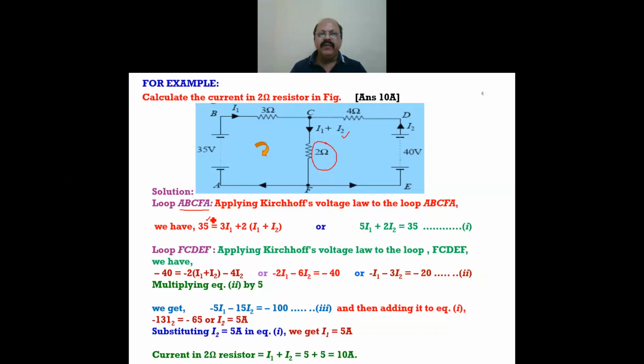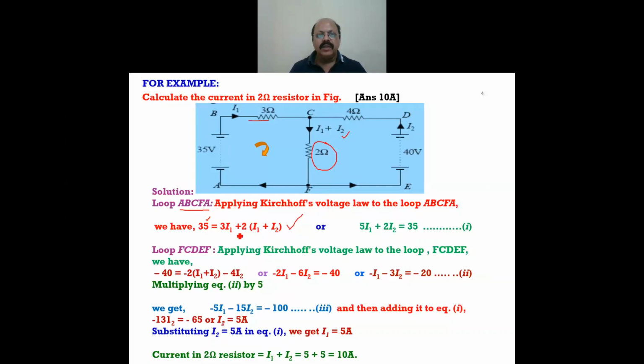So 35 equals... the direction of the current and the direction of the loop is the same, so the product of the current and resistance is also positive. So 35 equals 3 I1 plus 2 (I1 plus I2). Remember it very carefully.